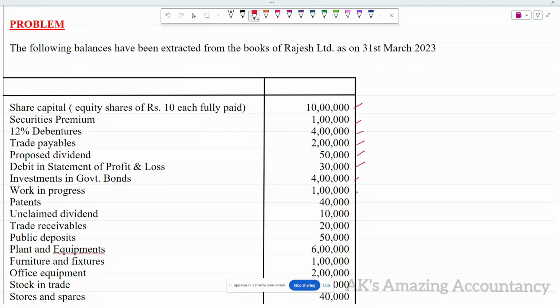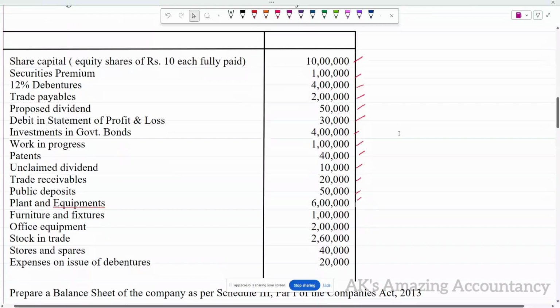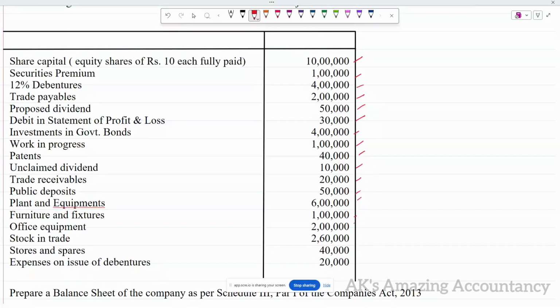Work in progress, 1 lakh. Patents, 40,000. Unclaimed dividend, 10,000. Trade receivables, 20,000. Public deposits, 50,000. Plant and equipments, 6 lakhs. Furniture and fixtures, 1 lakh.